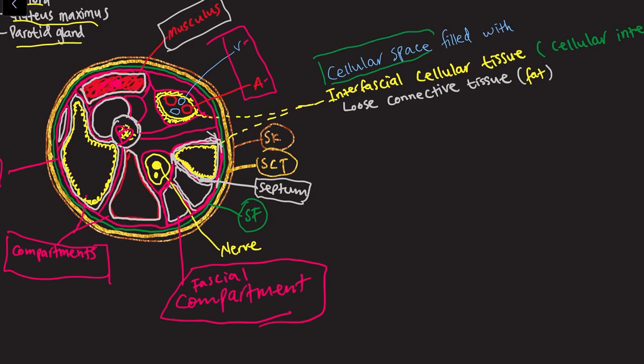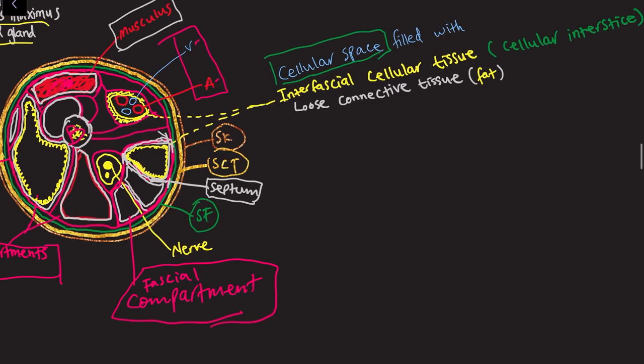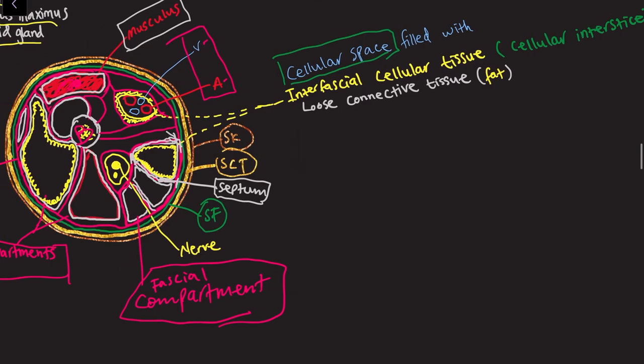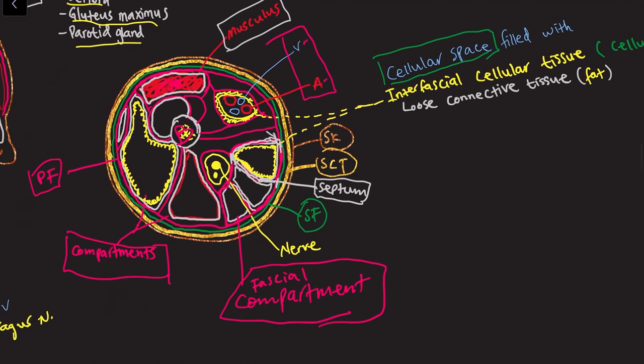And that cellular space is filled with the interfascial cellular tissue. The interfascial cellular tissue fills the space between the laminae, and is also known as the cellular interstices.